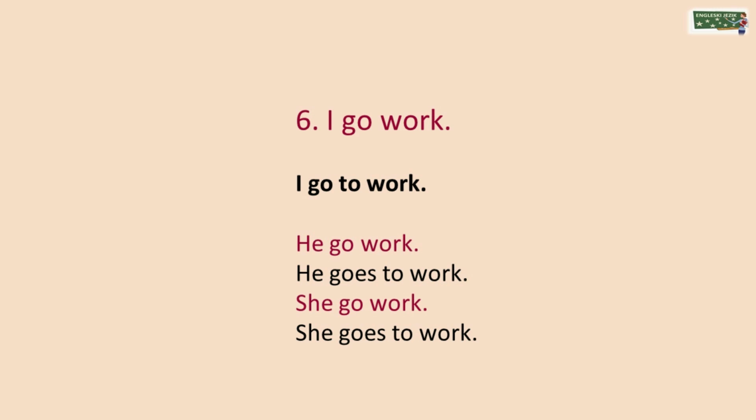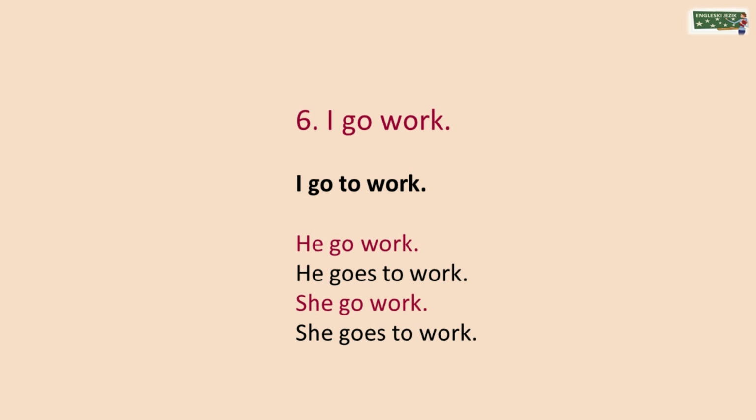Number 6. I go work. This is incorrect because we need to have a preposition that says that we are going somewhere. For example, the correct way to say this is I go to work. Let's see these other examples. He go work.